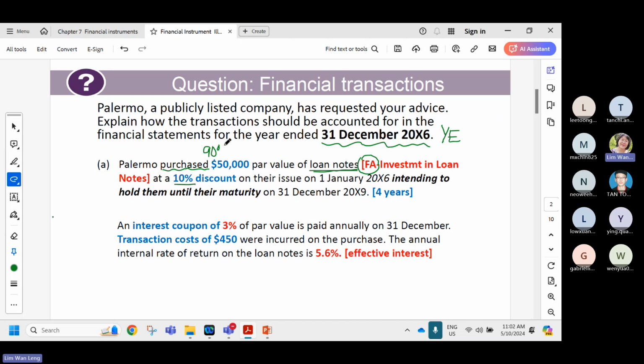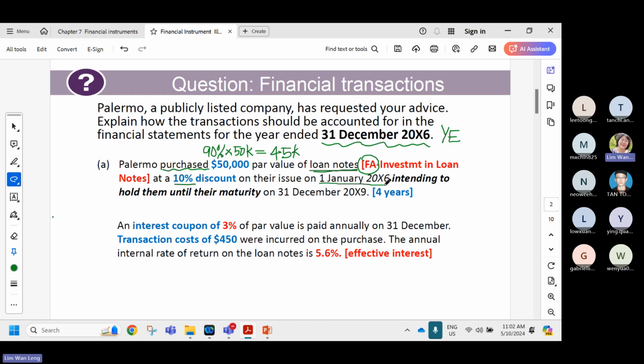Because 10% is given to you, 90% of the 50,000, which means 9 times 5, 45. They only paid 45,000 for an investment in the loan notes that is worth 50,000. Okay? And when was this purchase made?